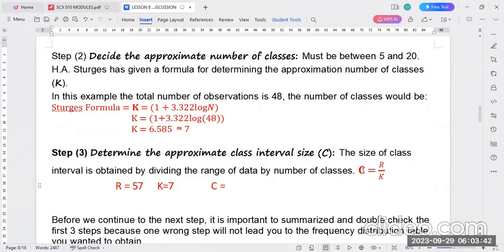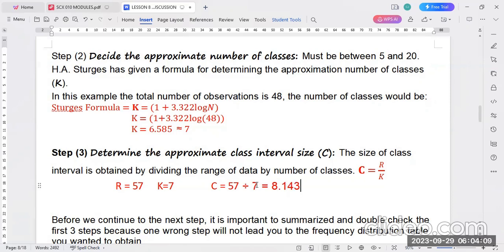So C, or the class interval size, is equal to range divided by the number of classes. And the solve na natin kanina, range is equal to 57. And then, divide lang natin siya by K, which is 7. So, 57 divided by 7, that is equal to 8.143.